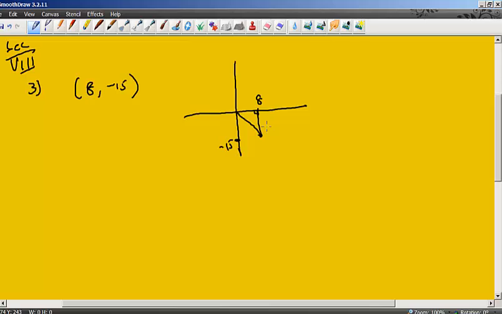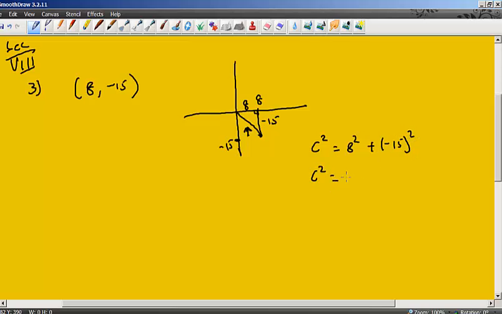Alright, to find all 6 trig functions, I need to know all 3 sides. Right now, my x is 8, my y is negative 15. So I have to use the Pythagorean Theorem to find that side. C squared is equal to 8 squared plus negative 15 squared.